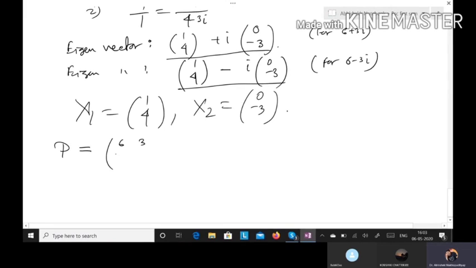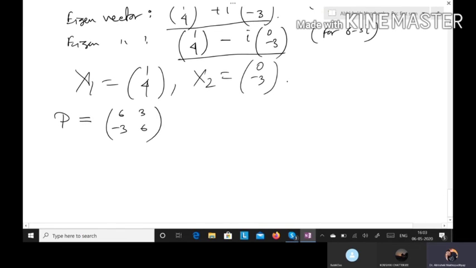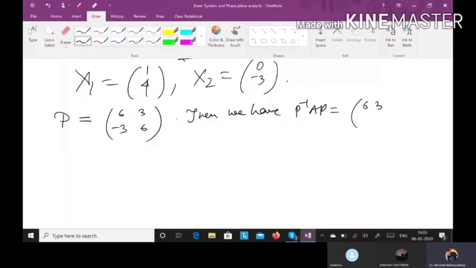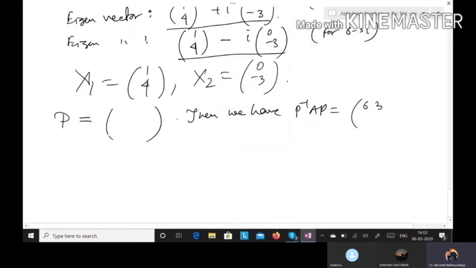What is p? p is 6, q is 3, so it is [6, 3; -3, 6].